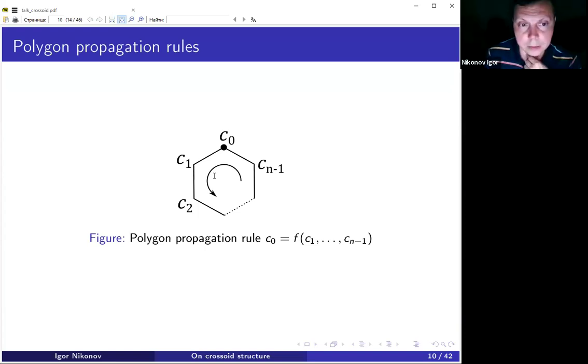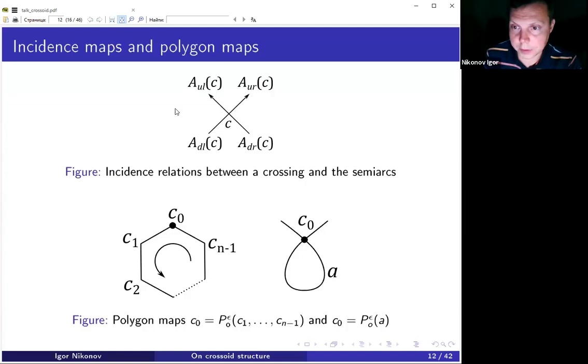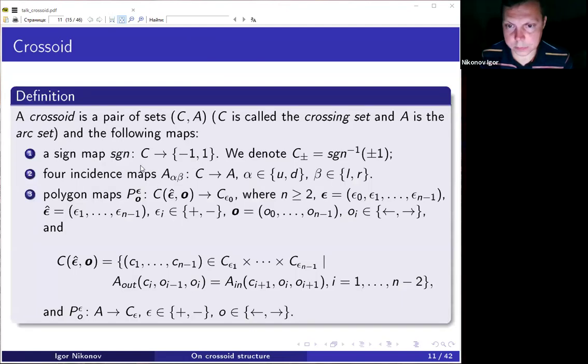Yes, maybe there is a connection with the Nikonov algebra. So we have 4 incidence maps, and they are described by this picture. If we have some crossing colored by C, then the colors of the incident arcs are defined from this color C and the incidence maps. And so we have 4 incidence maps and polygon maps.